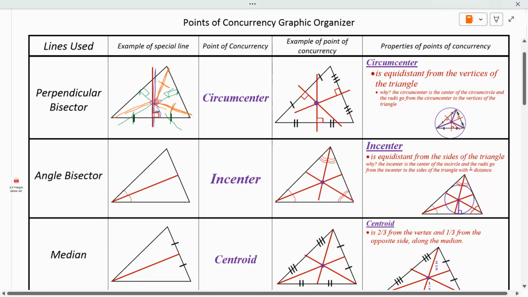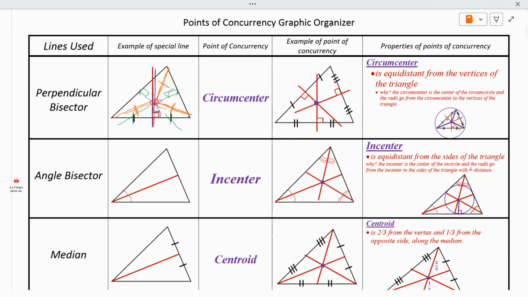So a circumcenter is equidistant from the vertices of the triangle.